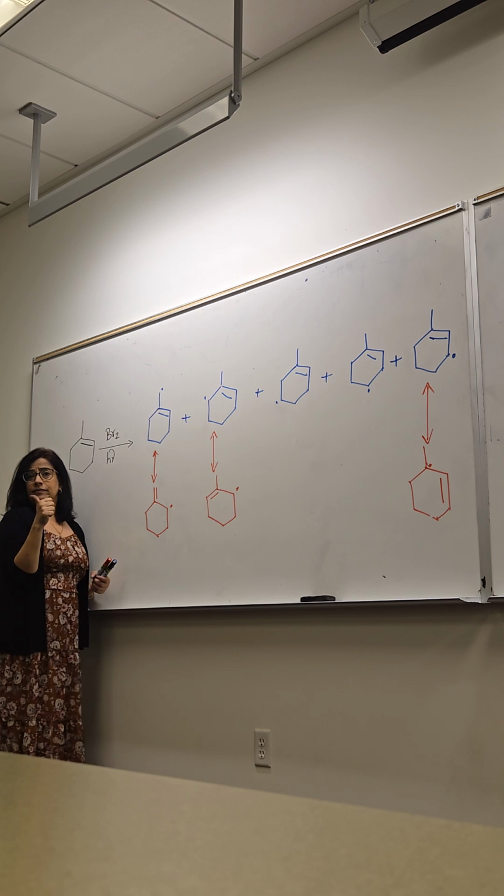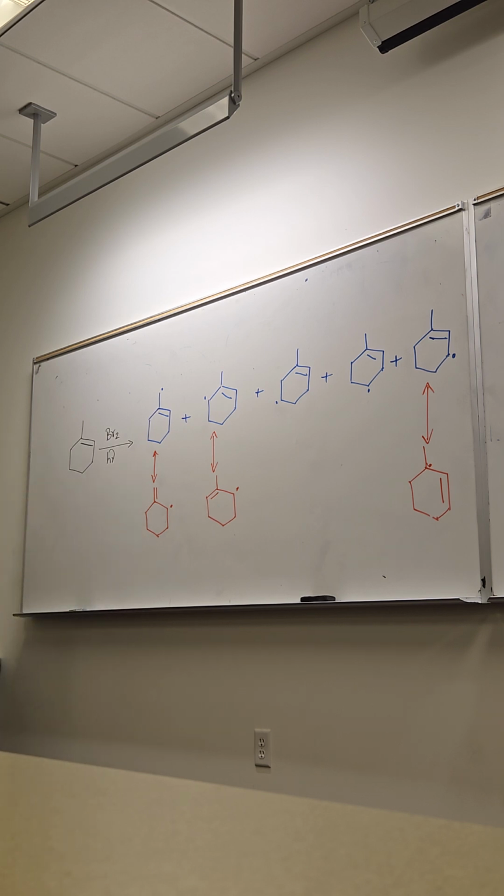Are we good? Just by looking at the radicals, is there a way for us to draw the major product in this reaction? Just the major product. If you're looking at all 8 radicals, which of these will give us the major product? Is it bottom right? Why?